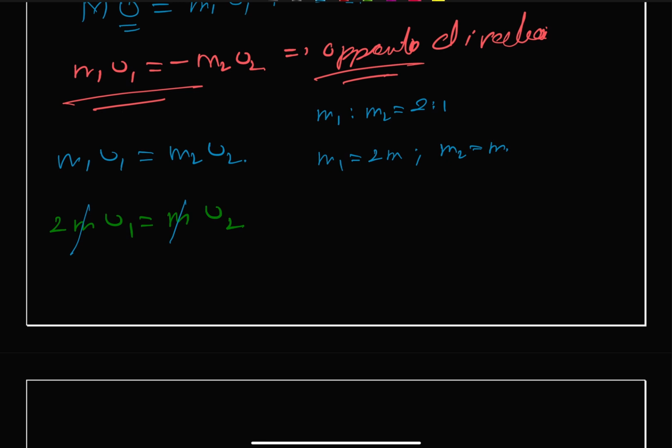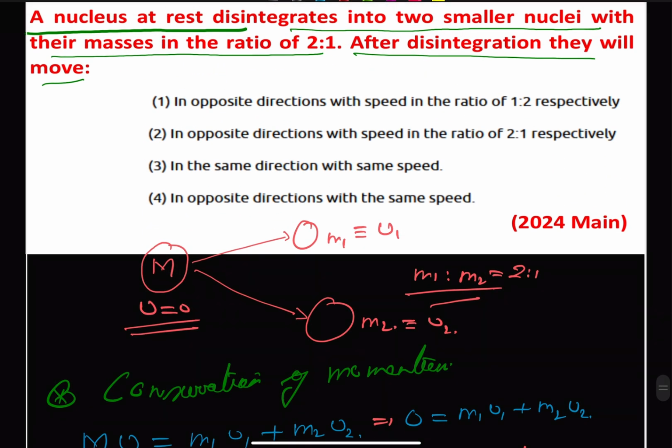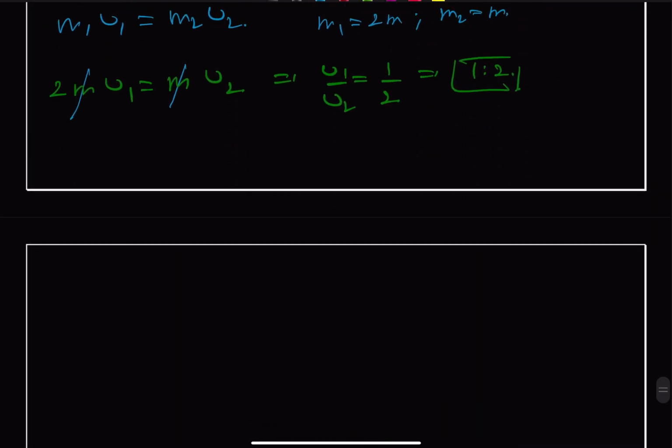Here m and m cancel out. Therefore, v1 upon v2 is equal to 1 upon 2, or we can say the ratio is 1:2. So they move in opposite directions, but with the ratio of 1:2. So option 1 is correct.